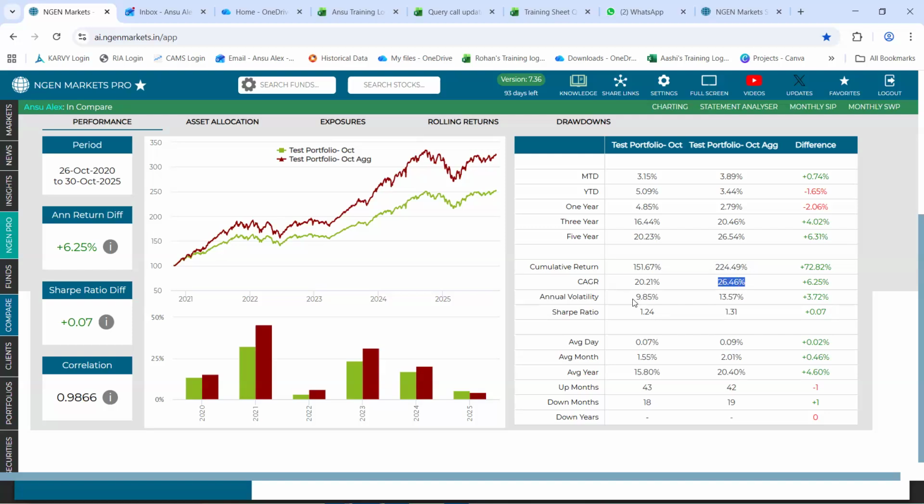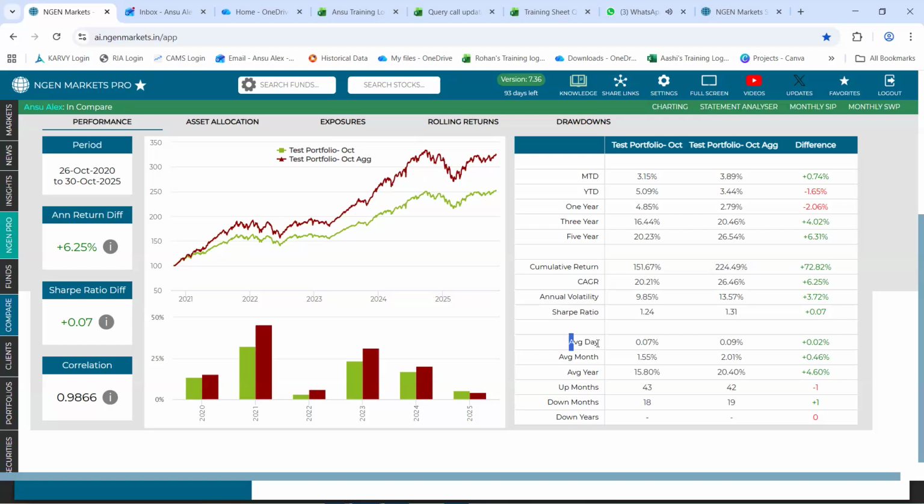Hence, we can see that the volatility as a parameter in this equally allocated portfolio, which is to an extent of 9.8%, is lower than our aggressive portfolio, which is to an extent of 13.5%. And hence, this can also be seen in terms of its Sharpe ratio too. The risk adjusted return for our aggressive portfolio is in fact higher than the test portfolio or the equally allocated portfolio.